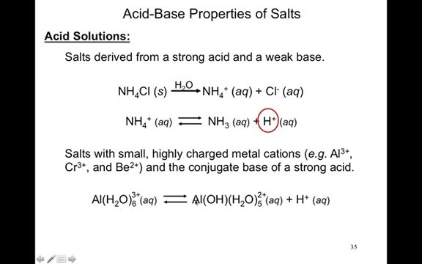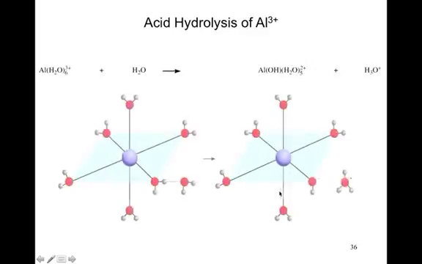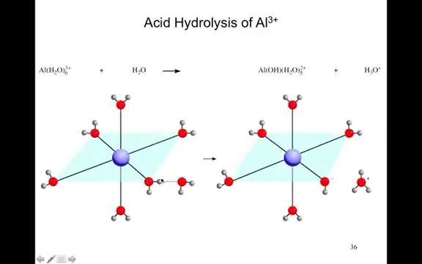It goes to this compound here with the hydrogen ions being removed from it. And so it's a highly charged metal cation, aluminum 3+, and it's going to react with water to create hydrogen ions. And here's kind of what that looks like in a sort of three-dimensional model here. Water comes in, steals one of these hydrogens off of one of the water groups on aluminum, and becomes H3O+. That's all it takes to make an acid.